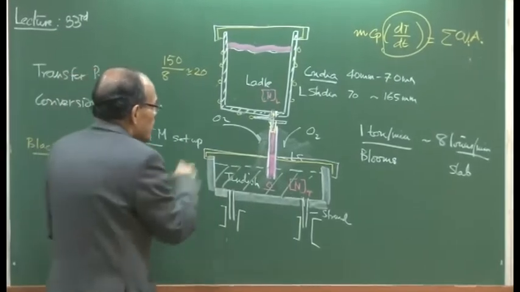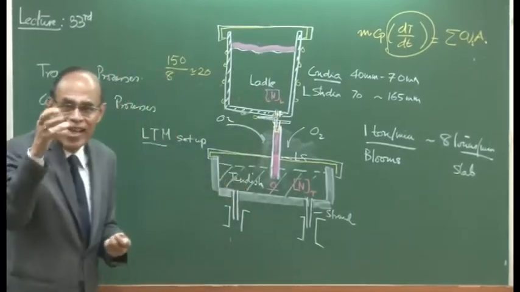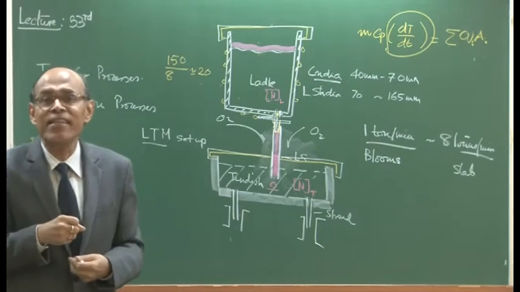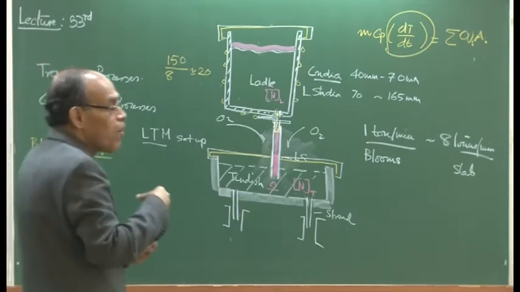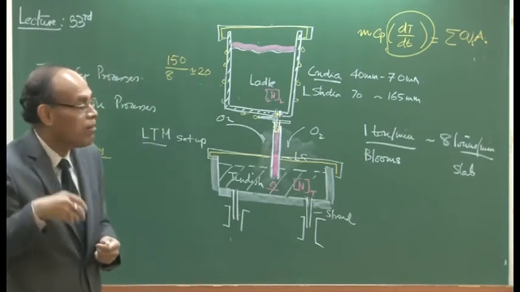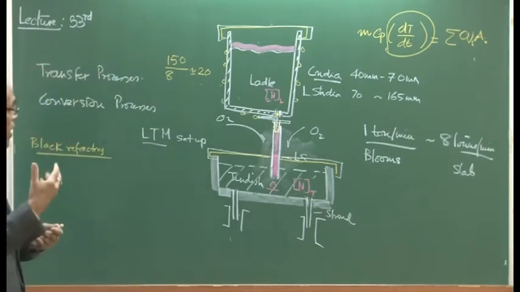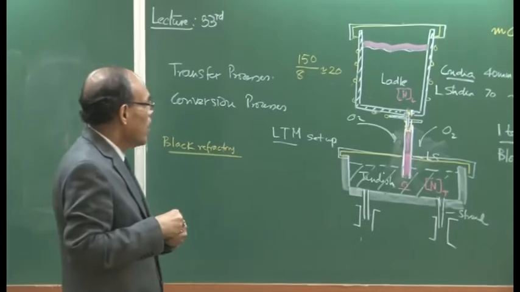So, the more heat you are able to conserve here, the less electrical power you will be needing in the electric arc furnace. And those power, where do they come from mostly these days in India, for example, from the thermal power plants and so on.